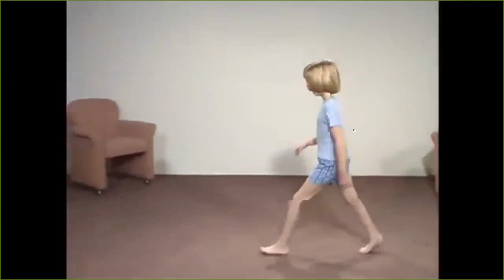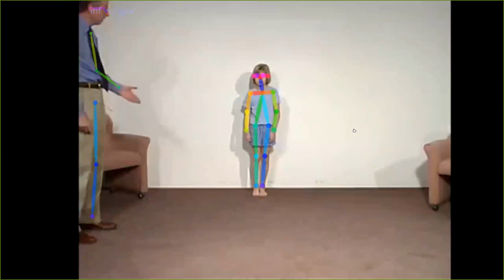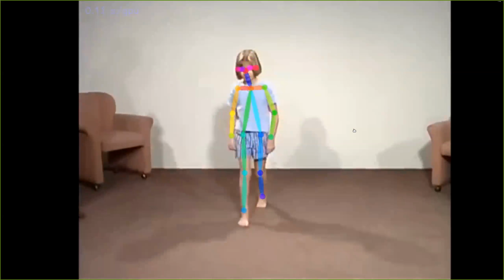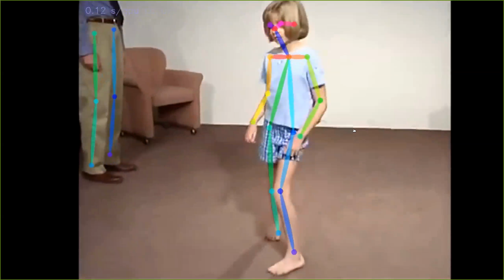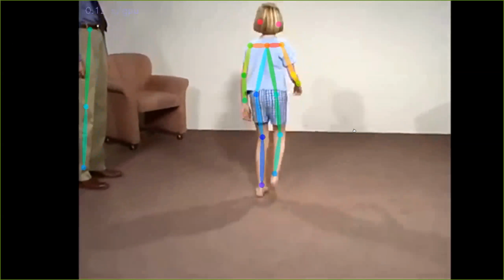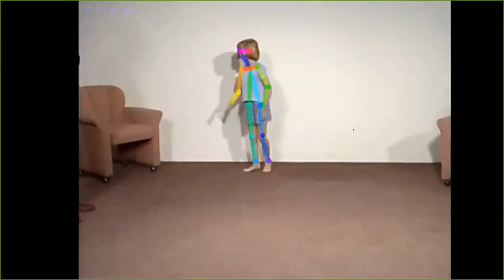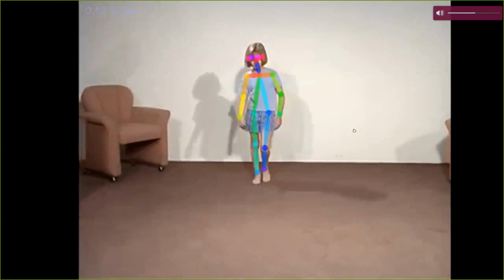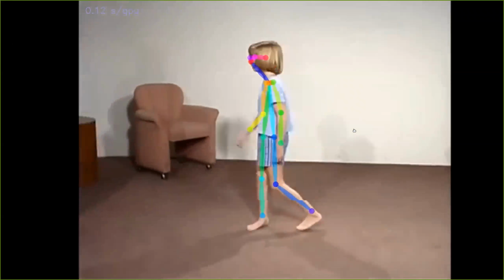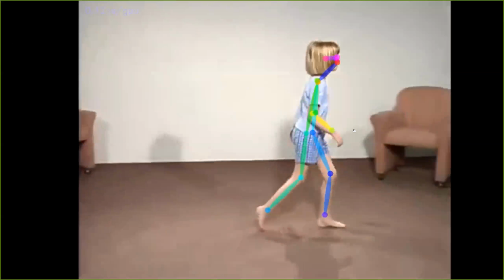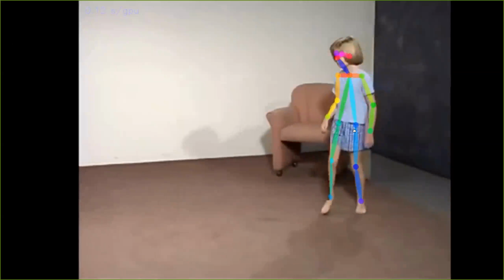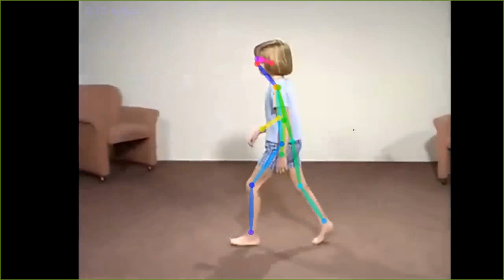And for that, we were using OpenPose and recent advancements in pose estimation. It turns out that we can very accurately estimate positions of joints and body landmarks in 2D. These are not 3D signals as from motion capture, but they're still very good signals. And maybe with 2 cameras we can get more.